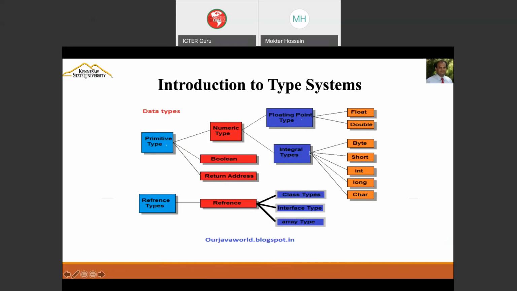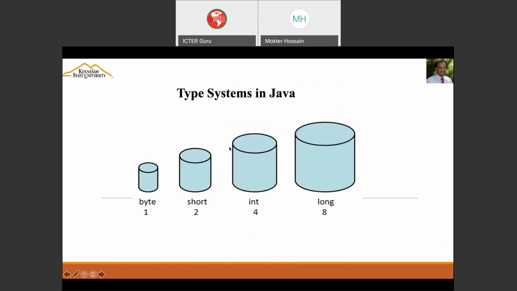We discussed this, but today I want to review it. A byte takes one byte of memory space, short takes 2 bytes, int 4 bytes, and long 8 bytes.